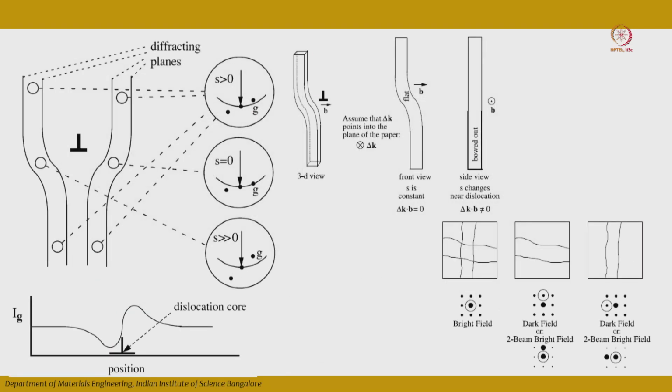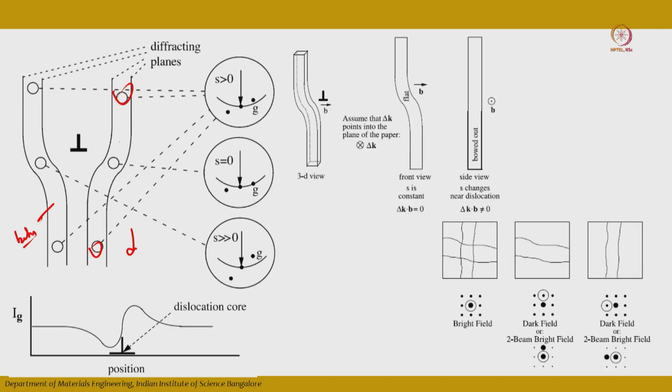Here is a very nice schematic view from Professor Hovey's book, where you can see the presence of a dislocation. These are your bent planes, and you can see that away from the dislocation, above and below, S is greater than 0, which means the planes are away from the exact Bragg condition, which is S equal to 0.